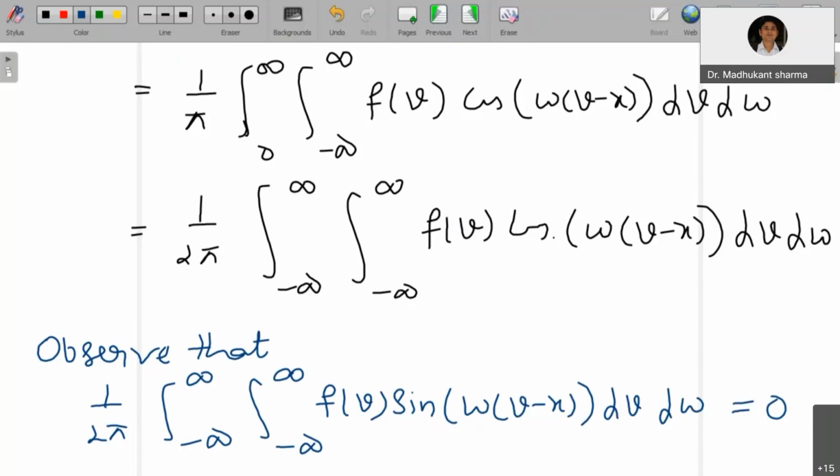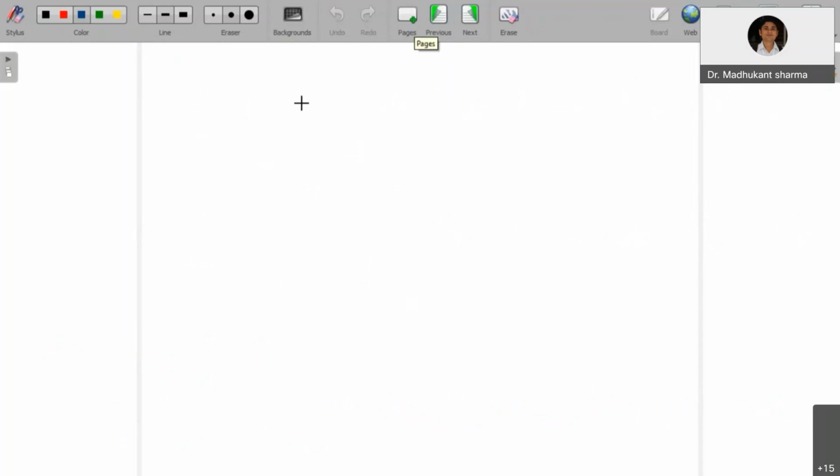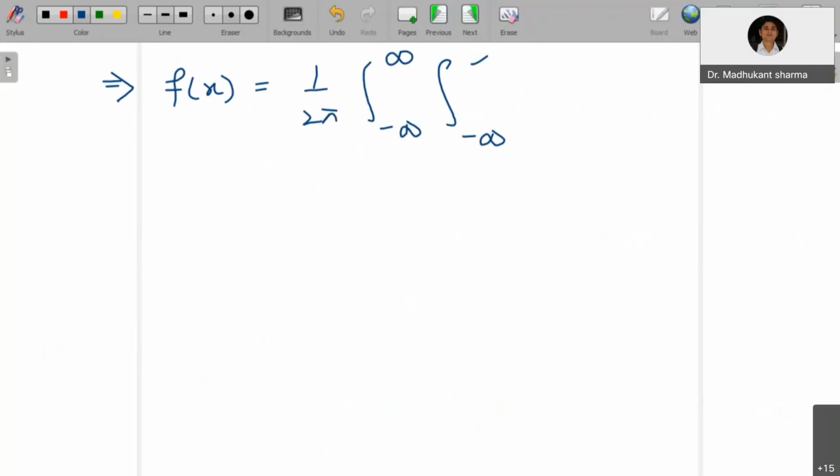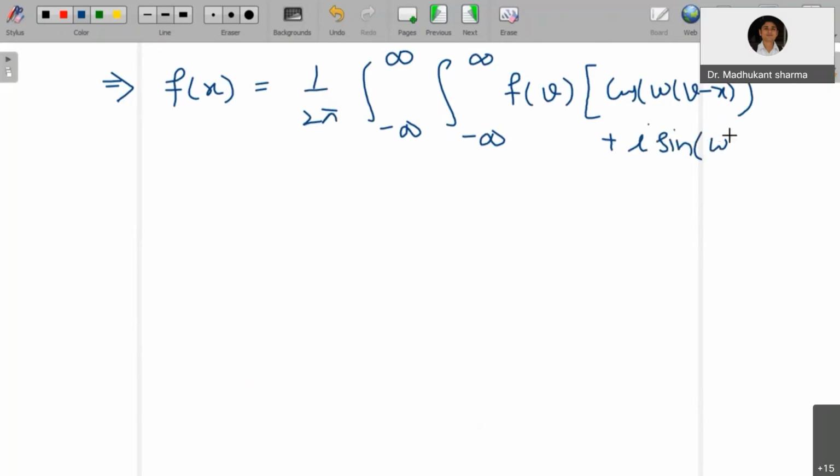So this will imply that f of x is equal to 1 upon 2 pi integration from minus infinity to plus infinity, integration from minus infinity to plus infinity of f of v times cos of w times (v minus x) plus i times sine of w times (v minus x) dv dw.